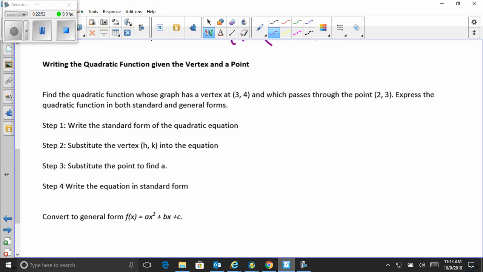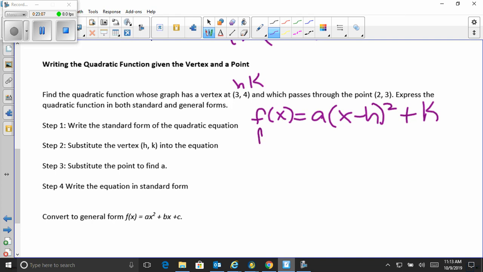So remember that the vertex form is f of x is equal to a times x minus h squared plus k. So we're going to plug our vertex in. Remember that this is our h and this is our k. f of x is equal to a, we don't know a, we'll figure that out in a minute, times x minus 3 squared plus 4.